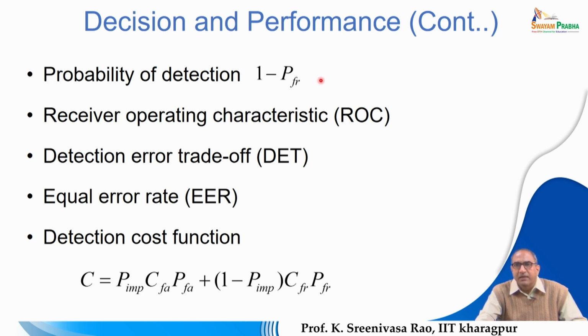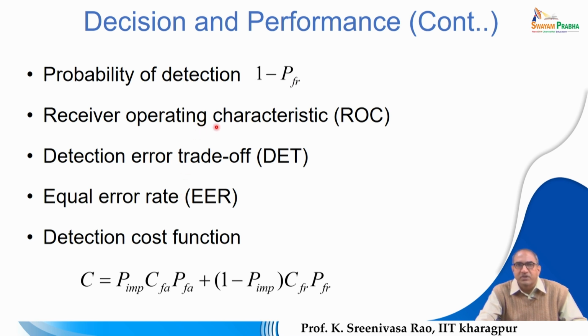So, 1 minus that gives you the probability of detection, the true positives, how many were detected. If all of them were properly detected, it becomes 1, because the missing will be 0.